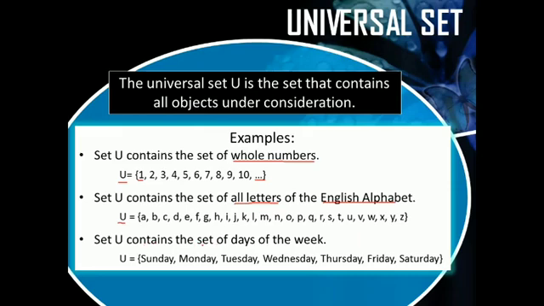Set U contains the set of days of the week. We know that there are 7 days in a week, right? So the universal set U has the elements Sunday, Monday, Tuesday, Wednesday, Thursday, Friday, and Saturday, which are all in all 7 elements. So it is complete. That is why this set U here is a universal set.